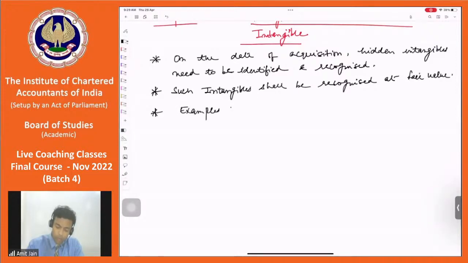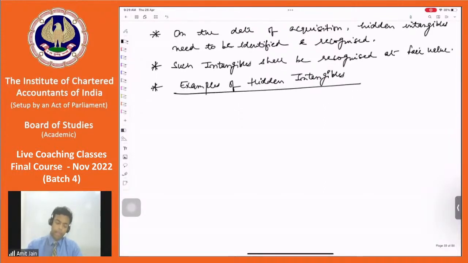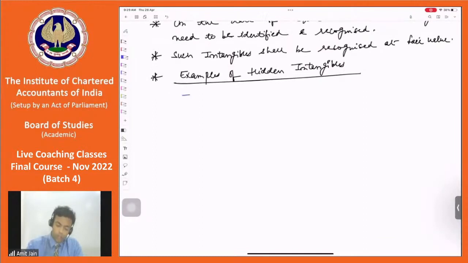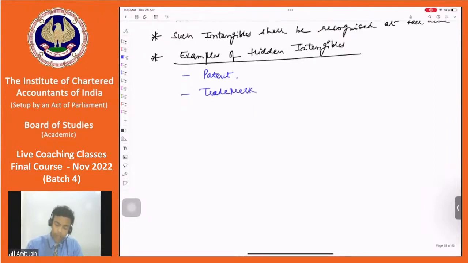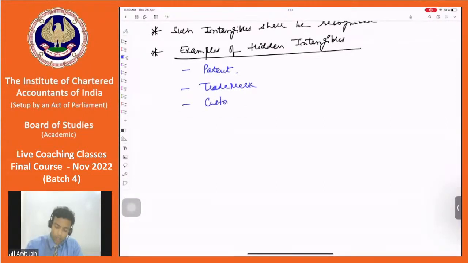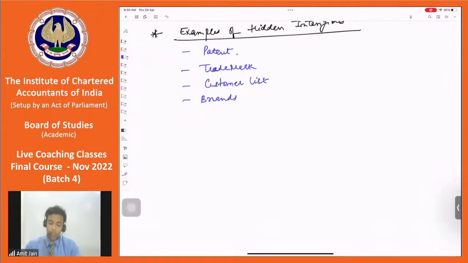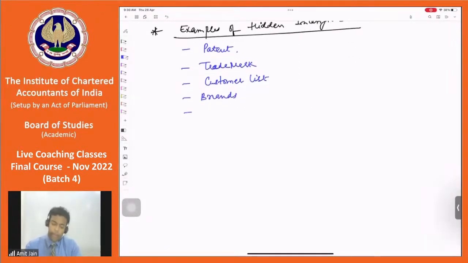Examples of hidden intangibles: patent, trademark, customer list, brand, license to operate a power plant.